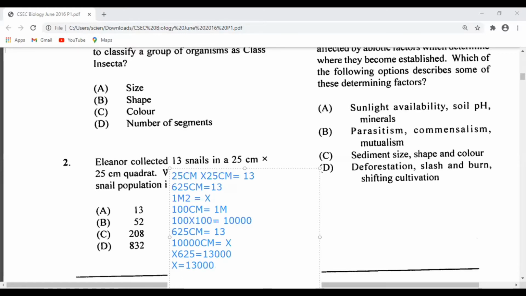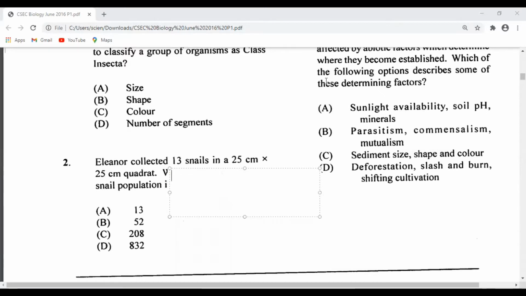So 13,000 divided by 625 would give us x equal to 208, and that would be the density. And the answer would be C. So if you follow all those applications, you should get the answer, which is C.